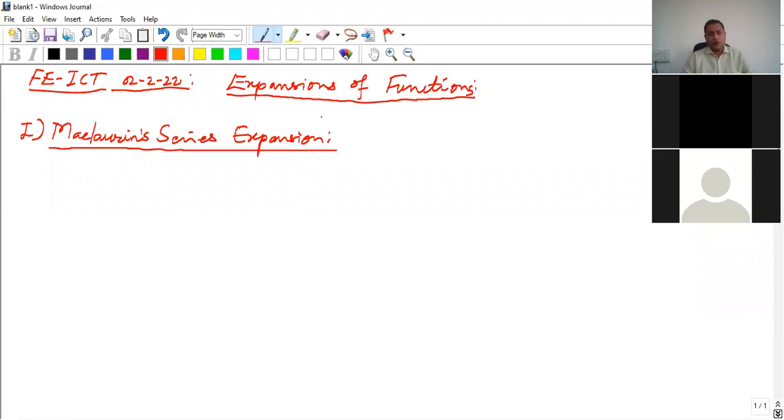Now, this Maclaurin series expansion is about the origin. We have a function. Let f of x be the function of x.